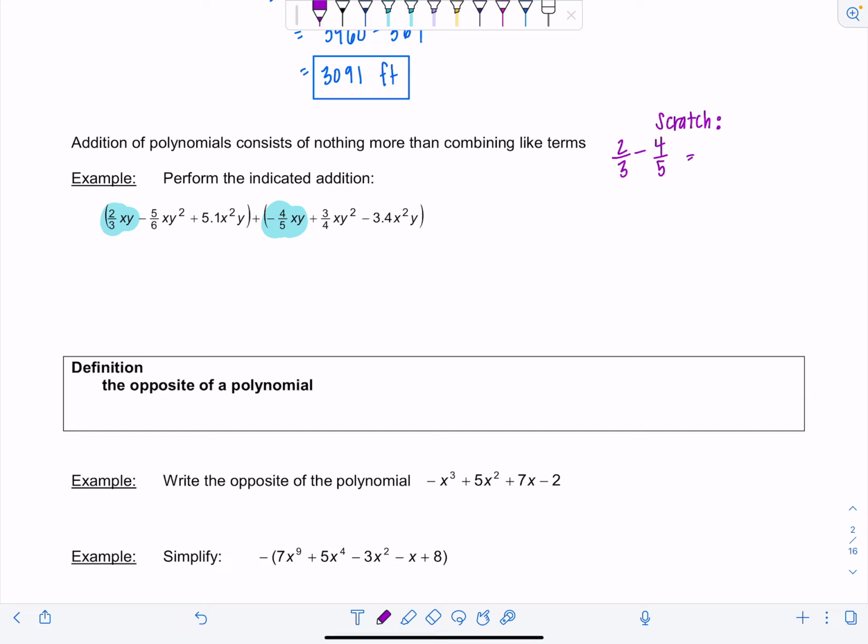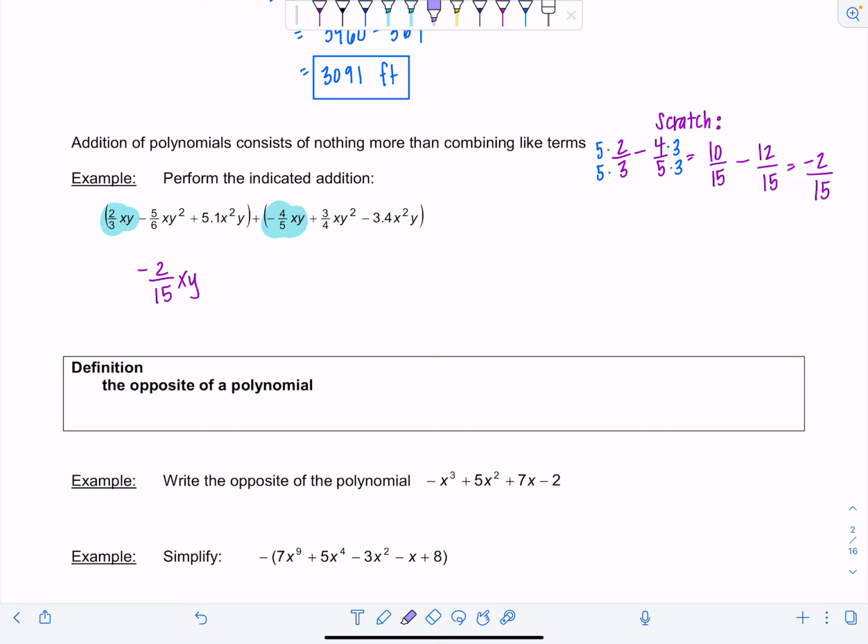Common denominator is going to be 15, right? So 2/3, if I multiply top and bottom by 5, becomes 10/15. Minus 4/5, I'm going to have to multiply by 3, yeah? So that's going to be 12/15, and we're left with negative 2/15. Okay, so that means the coefficient on xy is negative 2/15.